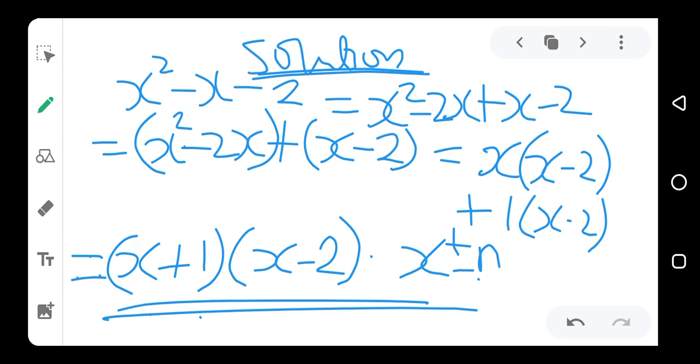Then x is the variable. So this is the answer. When we simplify the quadratic equation, this is what we are going to get. And when we multiply this, we are going to get back the original polynomial. So these are the two factors of the polynomial.